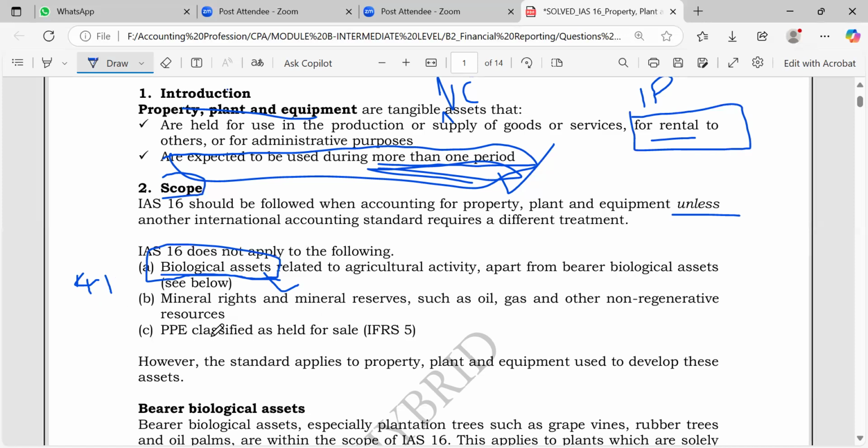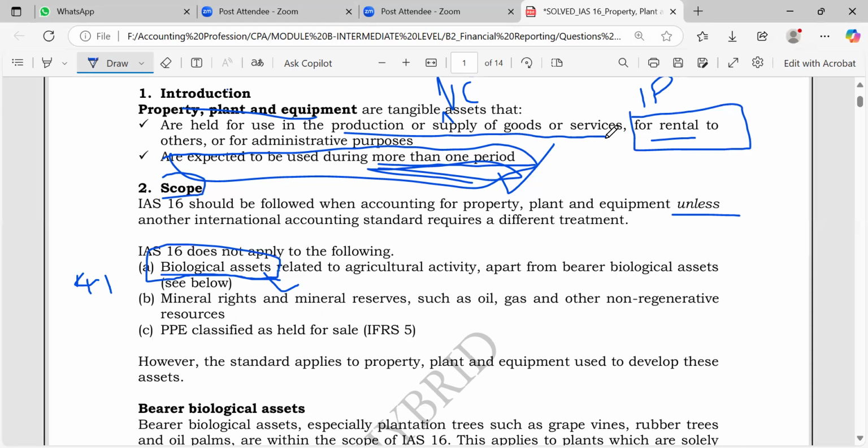But also, you're told PPE classified as held for sale. You may have PPE, property, plant, and equipment here, but maybe it reaches a time when the management says, okay, right now, I no longer intend to use this asset for these purposes, maybe for production or supply. It's not my intention. Maybe even the sale activity, the marketing activity has taken place, customers have been found.